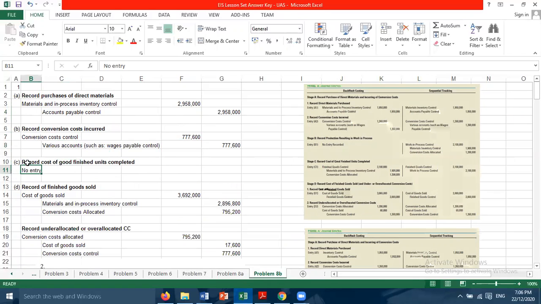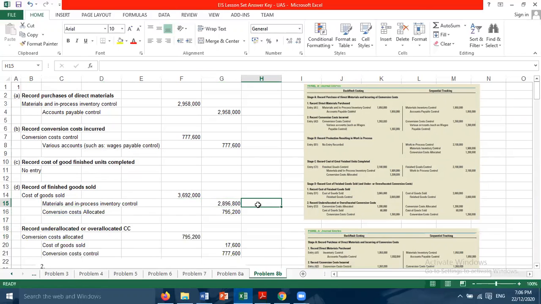However, this time we don't record any cost of finished goods units completed because we don't consider this a trigger point anymore. What we do is, when we record finished goods sold, we debit cost of goods sold and credit directly to the materials and in-process inventory and conversion costs. So that's what we do. Then we'll get these amounts, 3,692,000 and 2,896,800.